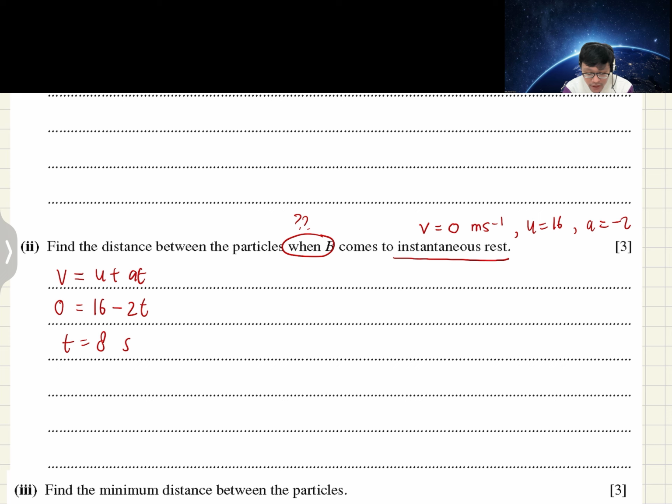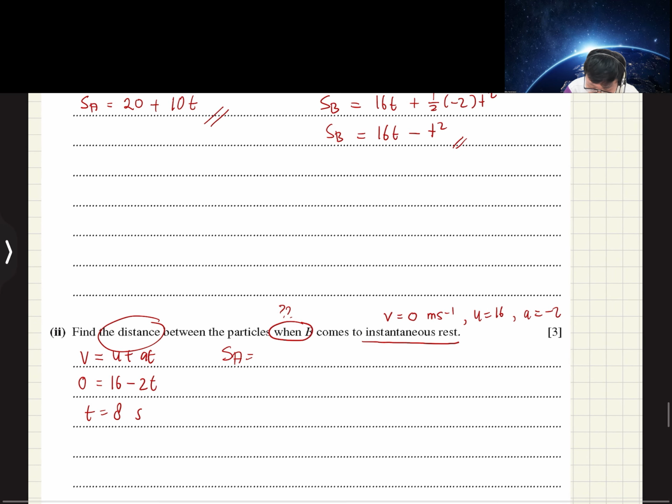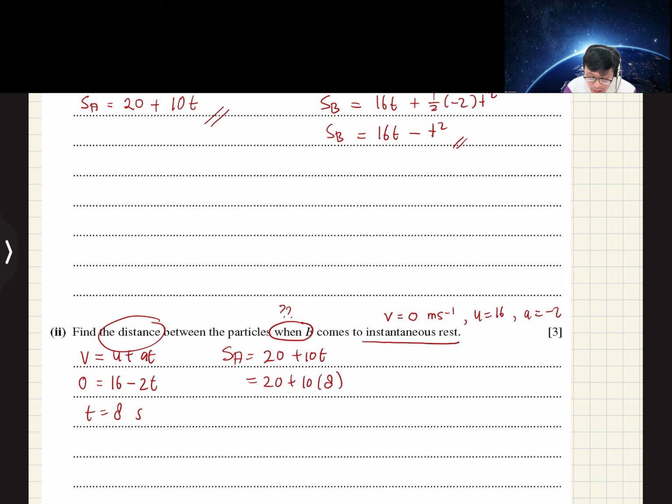Now, how do we find the distance between A and B? We already have SA in terms of time, which is 20 plus 10t. Plug in the time when B comes to rest, and you get 100 for the displacement of A. For SB, we have 16 times 8 minus 8 squared.